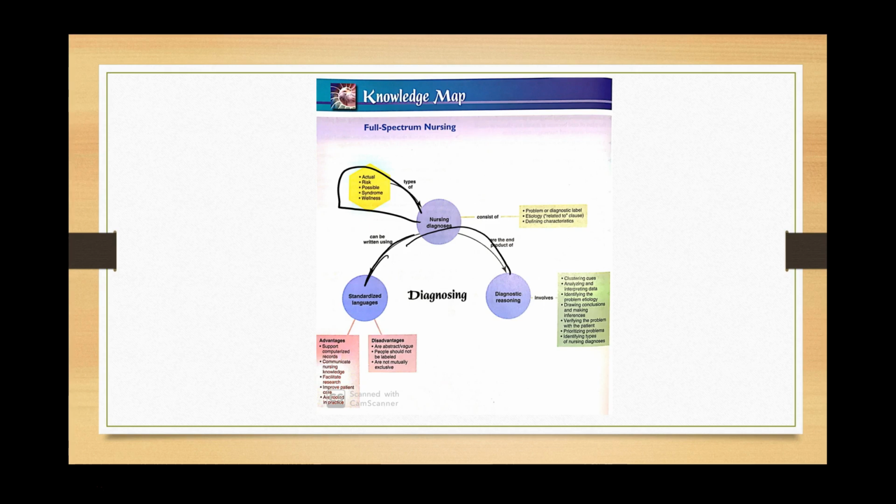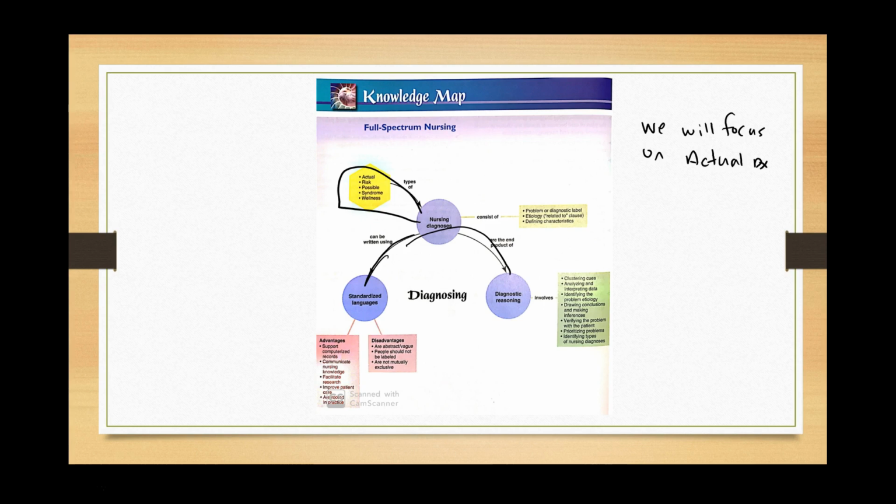We are going to focus on the actual diagnosis here in this segment. Later on throughout the course, we're going to be bringing in other different types of nursing diagnosis, the risk diagnosis, the possible diagnoses.